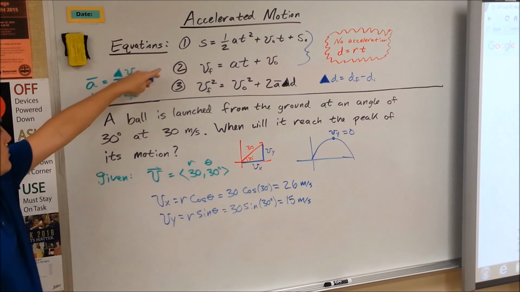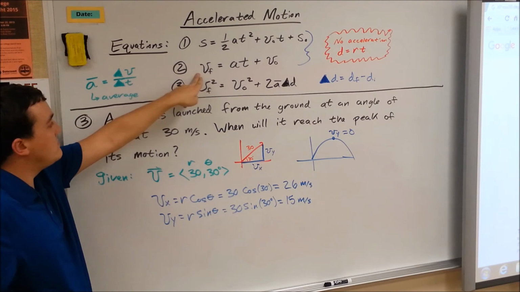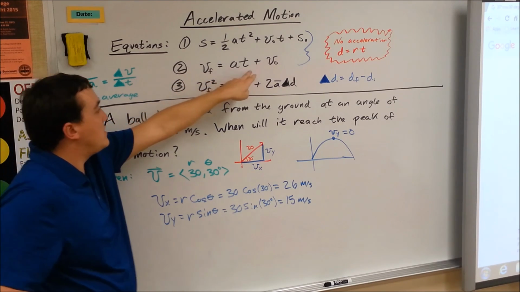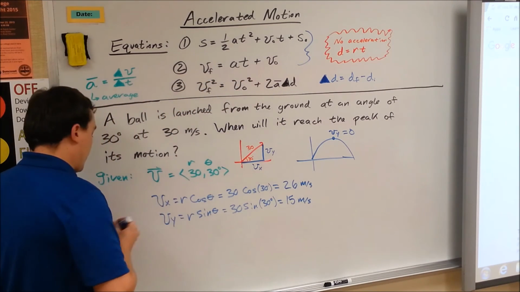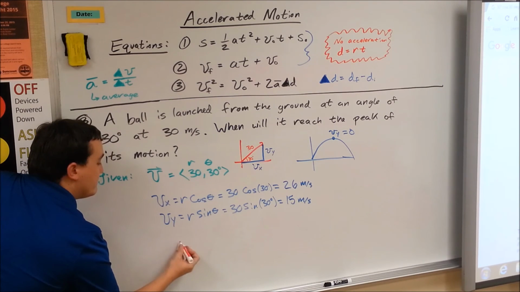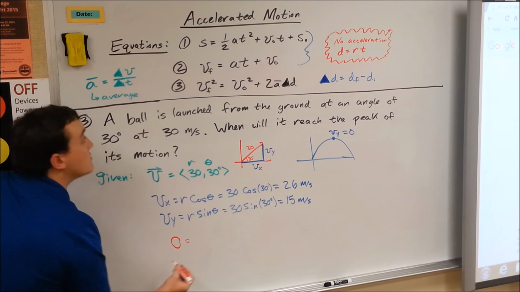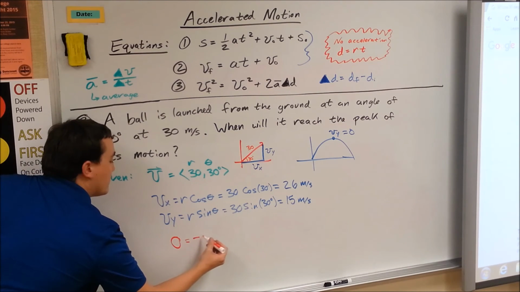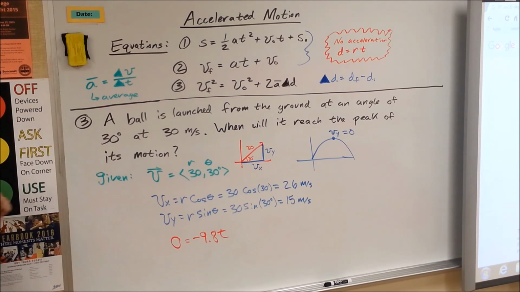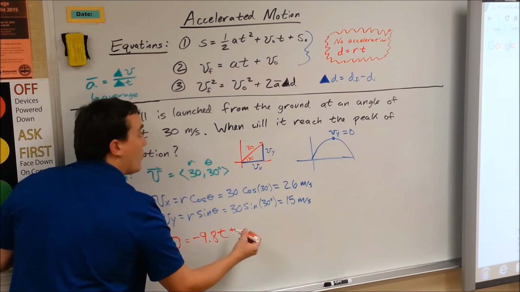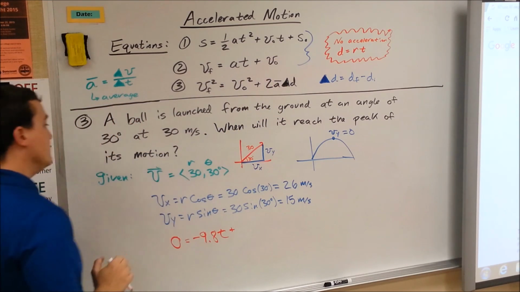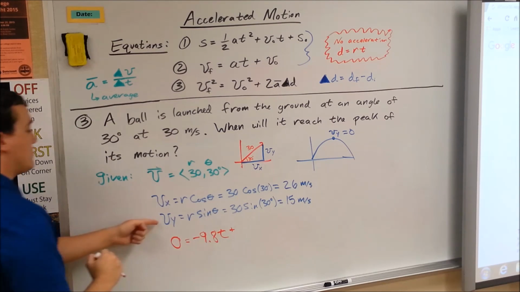So we can use our second equation. We know this is 0. V equals a times t plus v naught. So we'll just plug it in. So 0 equals, a is negative 9.8, t is what we're finding, and our initial velocity in the y direction, because these have to be in the same direction, is 15.